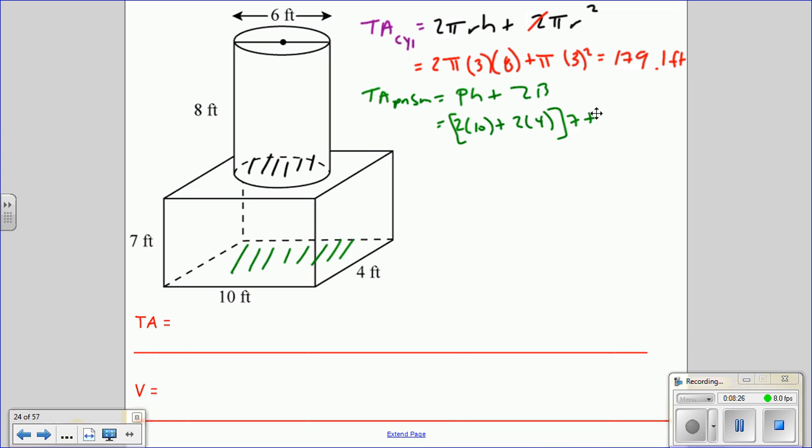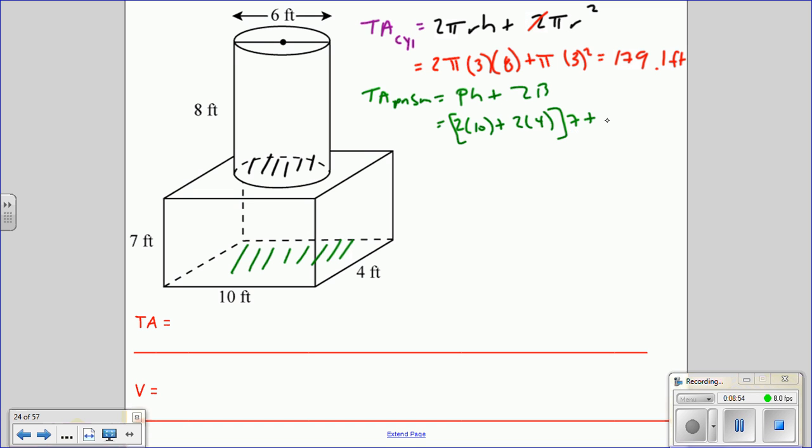And then it wants me to add 2 bases, but I know for sure I only need 1 base. But for the other base, you're going to have to subtract that circle from it. So let's deal with 1 base first, and then we'll deal with the other one later.